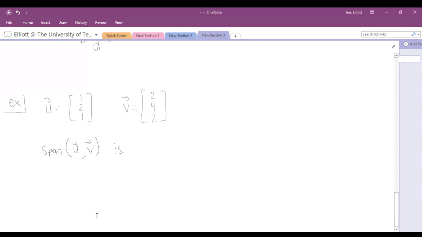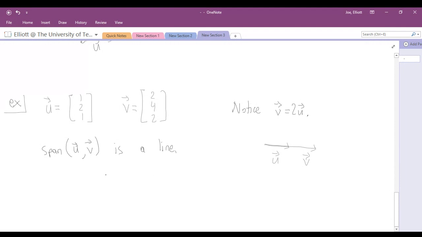Sure, it's going to be a line. Notice that the vector v is 2u. Even without really drawing it, you can visualize it looks something like this, u and then v.